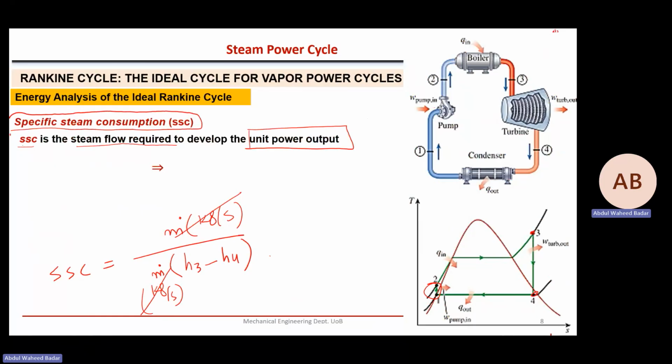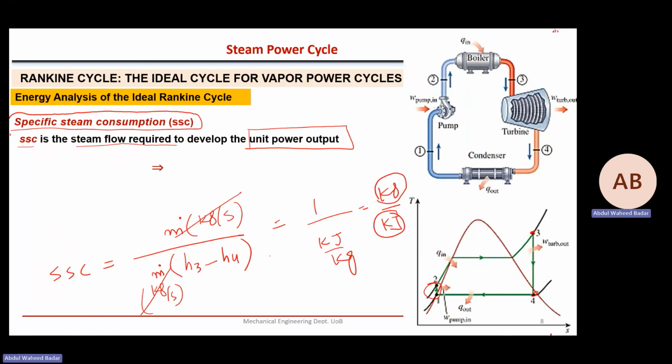That will cancel. So it is 1 over kilojoules per kilogram, or kilogram of steam required to produce this much kilojoules. That is the amount of steam which is required to produce 1 kilojoule of work.